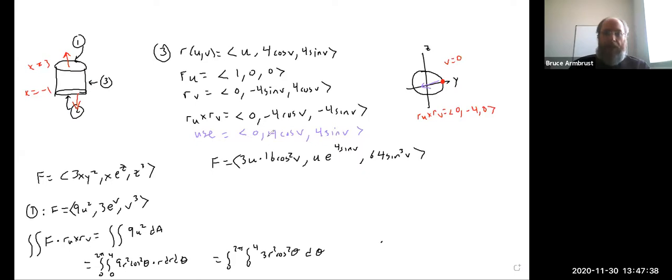But now we need to dot these two together. All right, so all that's gone. So we're left with a 4u cosine v e to the 4 sine v.